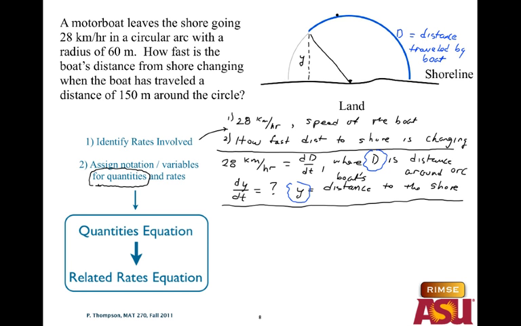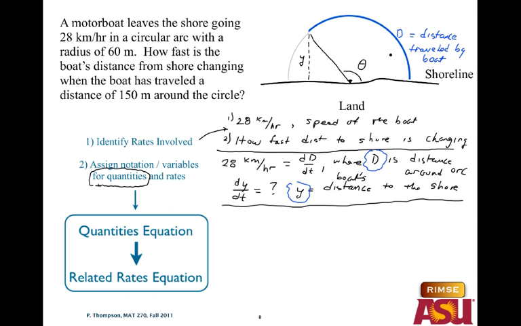But if we're going to use trig, then the distance around the arc is essentially the same as angle measure, right? If we measured this distance in radius lengths, how long would this distance be? It would be theta, whatever this angle is.